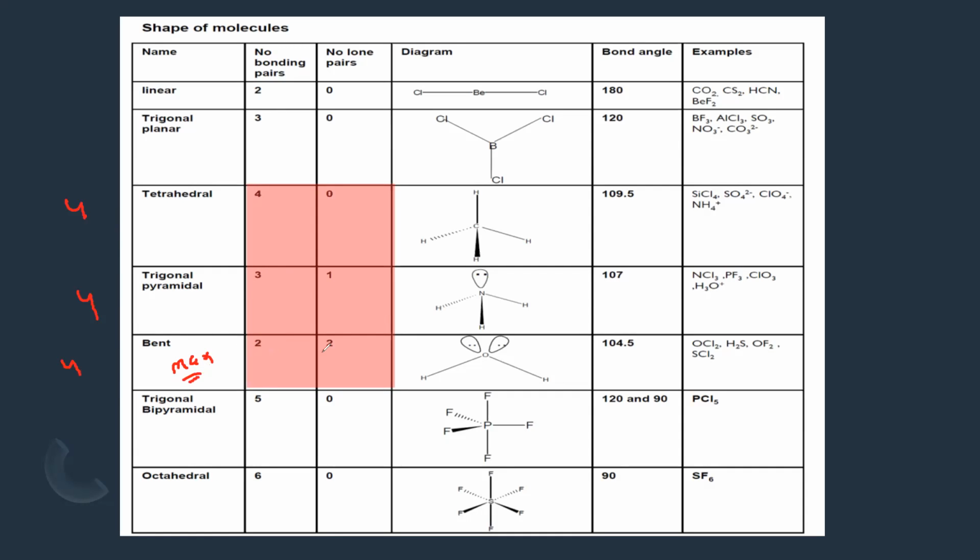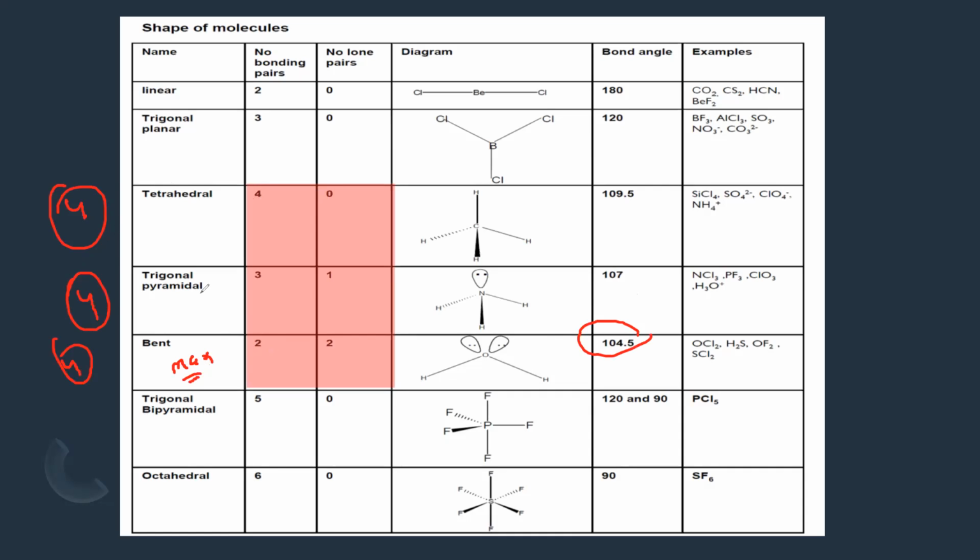As it has the maximum repulsion, when we are comparing, this will have the smallest bond angle. Why are we not comparing this with others, like octahedral? As we know, the total number of electron pairs should be 4 for a fair comparison. The total number of electron pairs should be the same, and then we check the number of bond pairs and lone pairs.